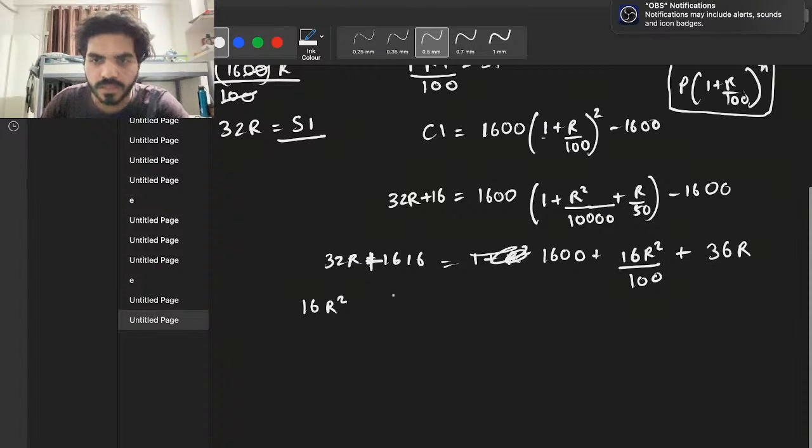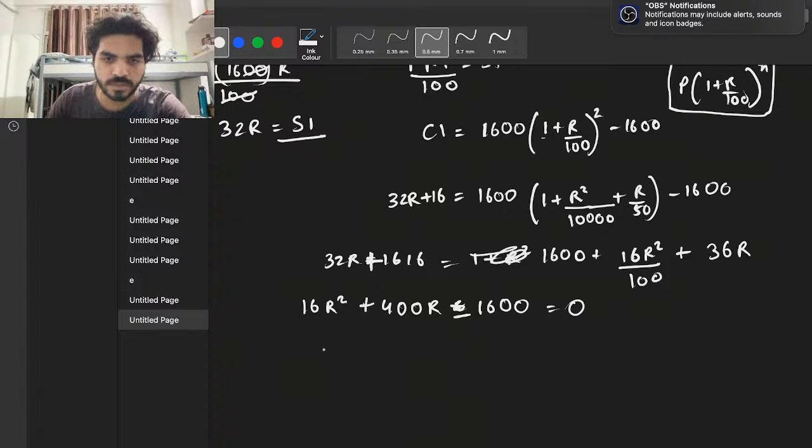Multiplying the entire equation by 100 and taking them all on one side, this will be plus 400R, plus 1600, minus 1600 is equal to 0. Taking 16 common, we'll have R square plus 25R minus 100 is equal to 0.